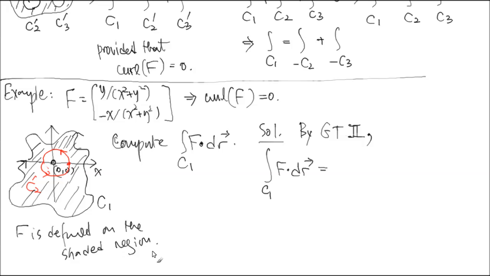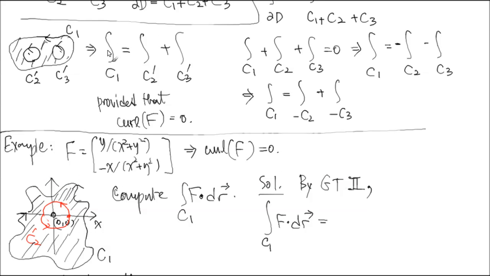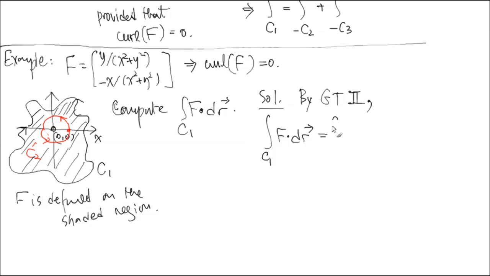As long as you can integrate over this region, Green's theorem 2 allows you to do that, even though it's not simply connected. So anybody like to go for the next version? This crazy line integral is supposed to be equal to what? Let's go around C1. It's equal to the inside, whatever you put in there, as long as it's defined, and as long as the curl is 0, right? Its curl is 0, so that's inside the C2.